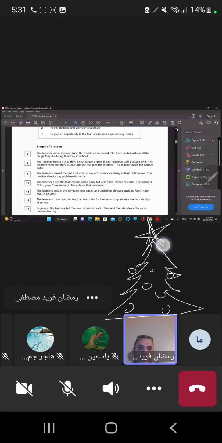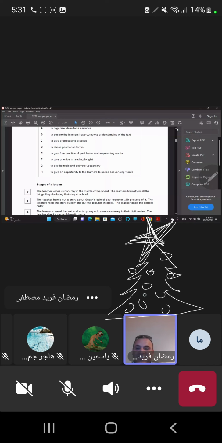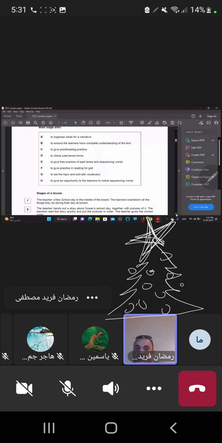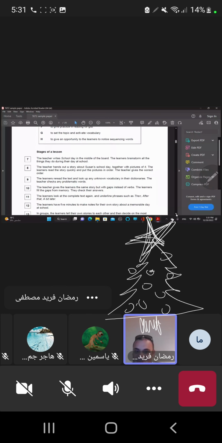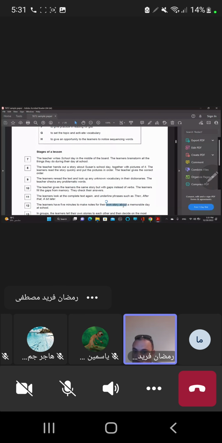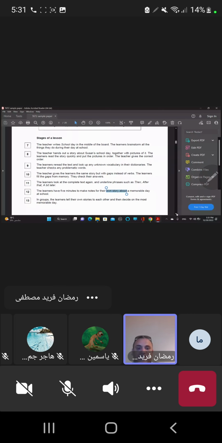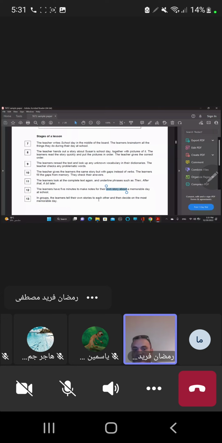The only suitable answer here is A, to organize ideas for a narrative. Narrative means story. Do we have a story here? Yes, their own story about a memorable day. So 12 is A. 13, in groups. The learners tell their own stories to each other and then decide on the most memorable day.